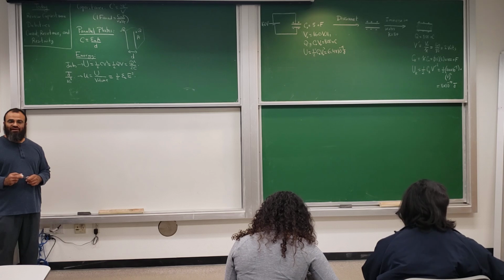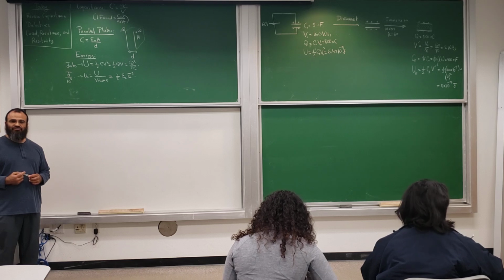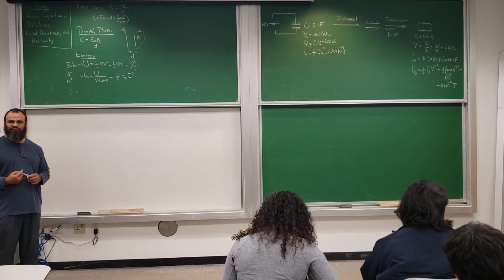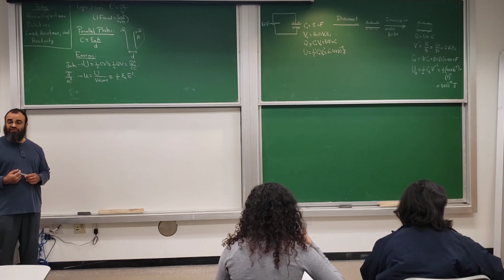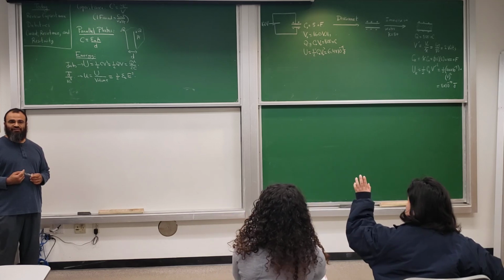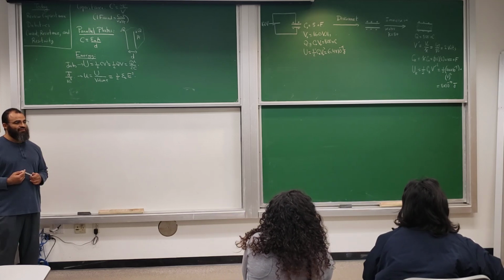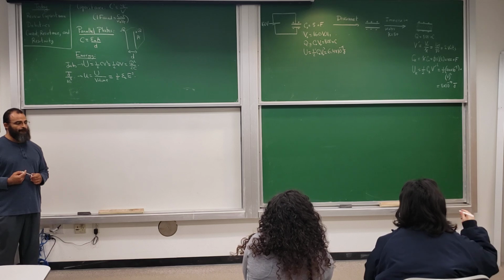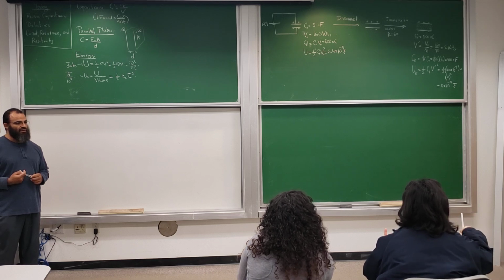Yeah, it's Q over V. So by being immersed in the water, the amount of charge that the capacitor can hold is much bigger. It's increased, yeah. When you increase your dielectric constant, your voltage goes down, but your capacitance goes up.